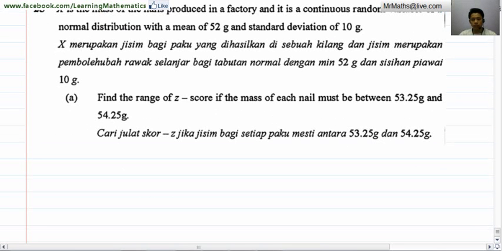Remember, for z-score you have to minus the mean and then divide by sigma, then you get the z-score. Let me write the formula. Z-score is equal to x minus mu, the mean, divided by sigma, which is the standard deviation.